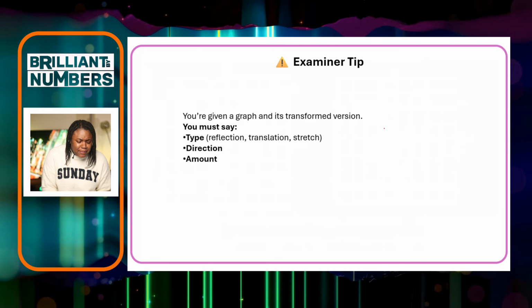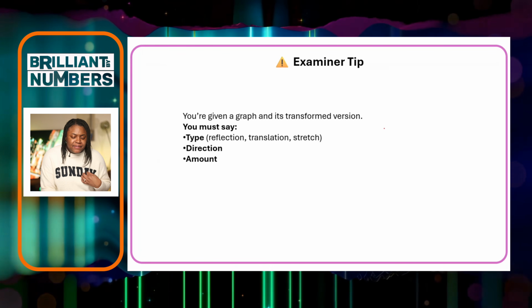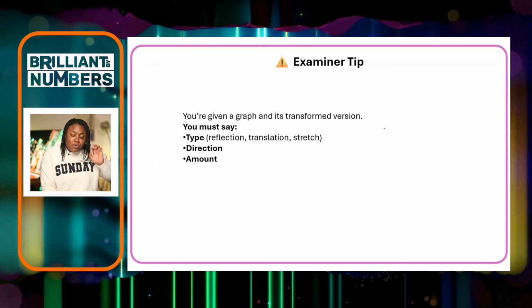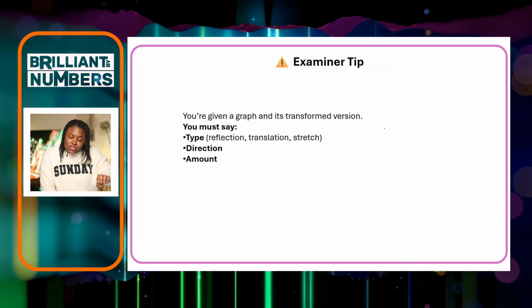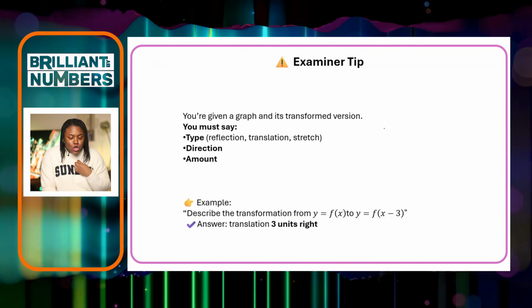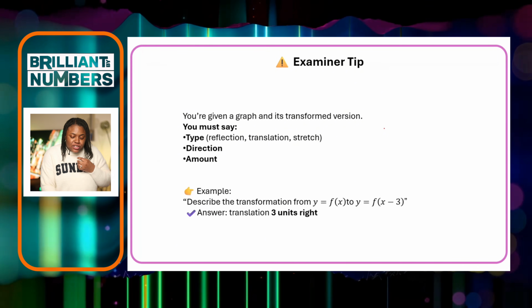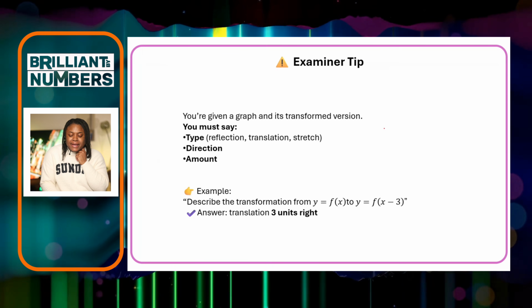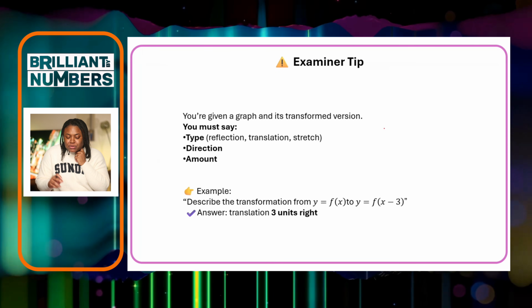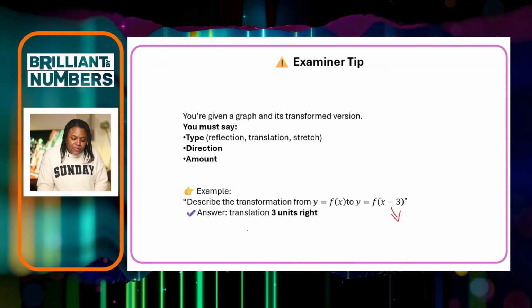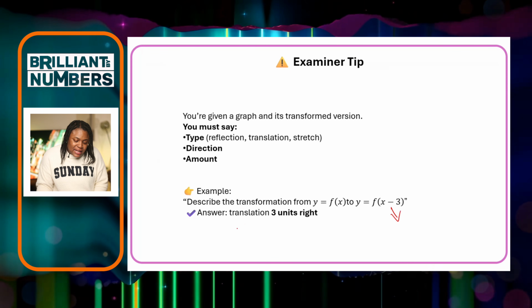Okay, so quick examiner's tip here. If you're given a graph and its transformed version, you must say the type of reflection or translation it is, and the direction and the amount. For example, if you describe the transformation from y equals f of x to y equals f of x minus 3, it's a translation.